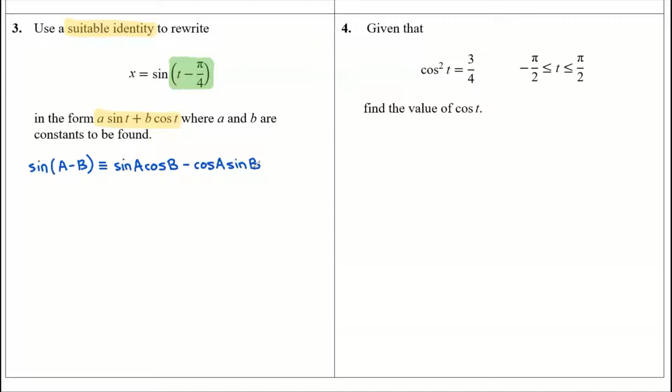Okay, so let's see what we need to substitute in here. Clearly we've got to replace the A and the B. So A is going to be the t part, and B is going to be pi over 4. I'll write that out a bit more formally: A is equal to t, and B is equal to pi over 4.